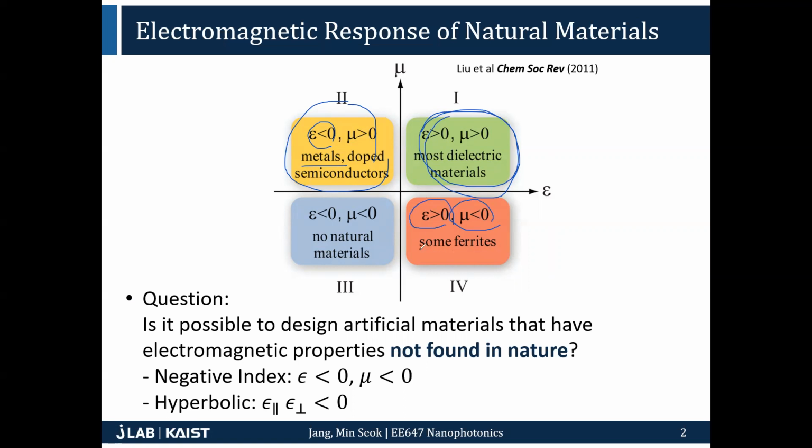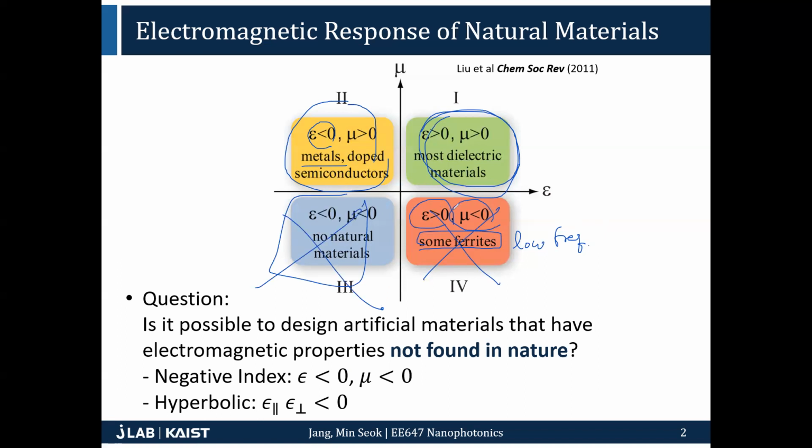Well, there are some possible cases, but only at very low frequencies. At high frequencies, like optical frequencies or infrared, no material exists in this regime. And here, absolutely no material exists, no matter what.